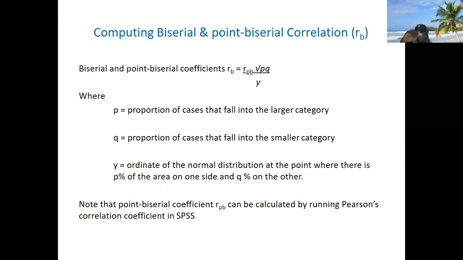Biserial and point biserial correlation is actually the square root of the proportion of cases that fall into the larger category and the proportion that fall into the smaller category. When we talk about biserial and point biserial, we talk about two categories. You code one as 1 and the other as 0, but it doesn't really matter.